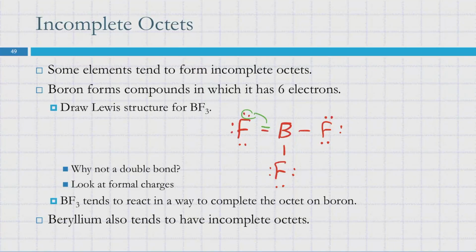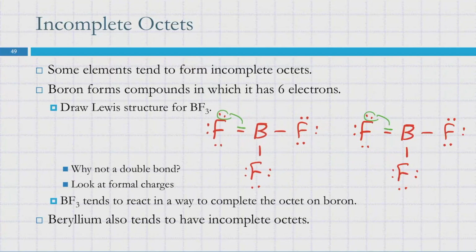If we check the formal charges of such a system, we'll find that each of our other fluorines has a formal charge of 0.